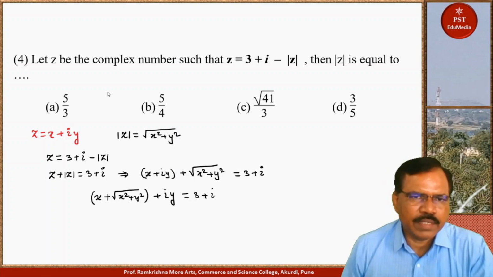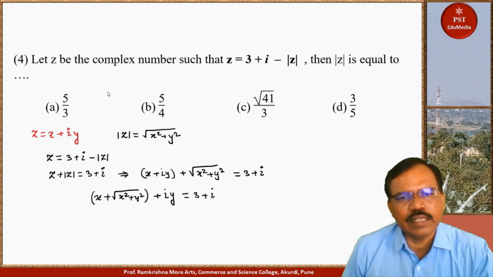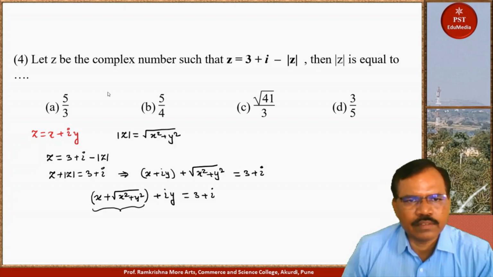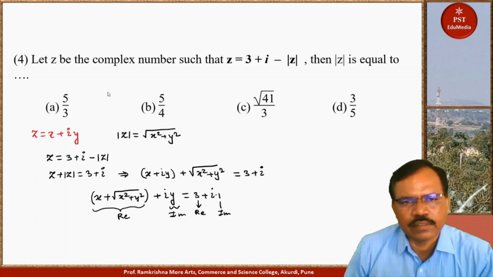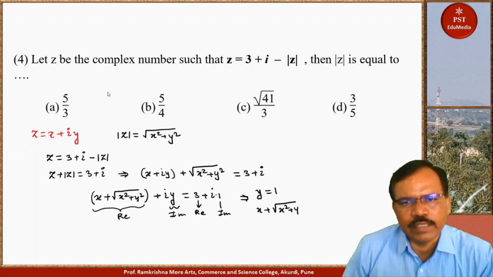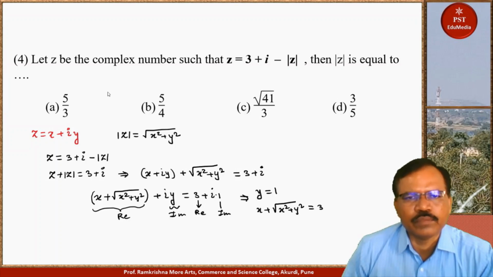Now see, on the left-hand side we have a complex number, on the right-hand side we have a complex number. So this is the real part and this is the imaginary part, and 1 is the imaginary part. So if we compare, we get y = 1 and x + sqrt(x² + y²) = 3. So we got this.